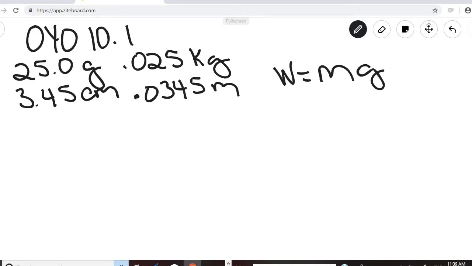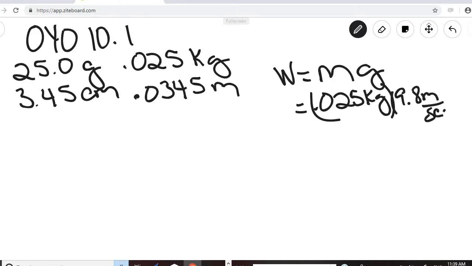So weight is equal to mass times gravity: 0.025 kilograms times 9.8 meters per second squared, and that'll be negative because gravity is pulling down.